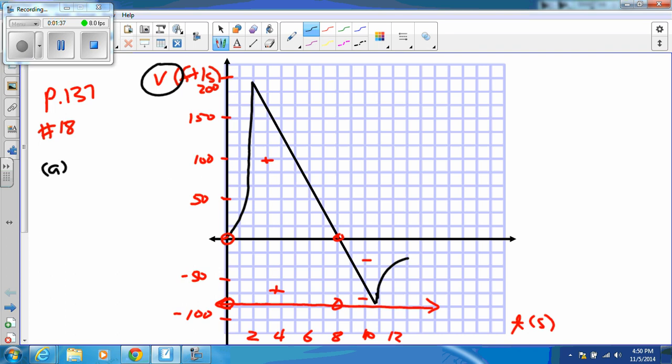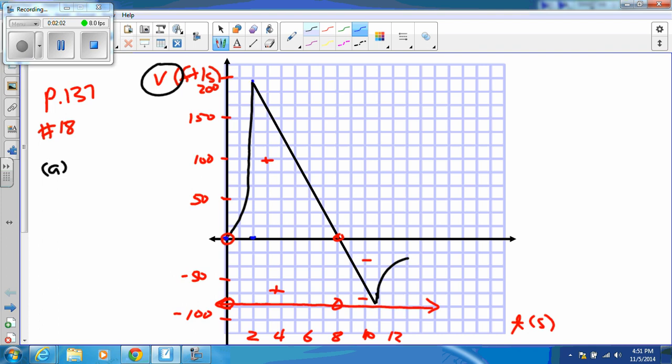First question, A. How fast was the rocket climbing when the engine stopped? I've got to look at this graph and figure out when the engine stopped. Here's what I observed: between 0 and 2, the speed of the rocket keeps on going up.